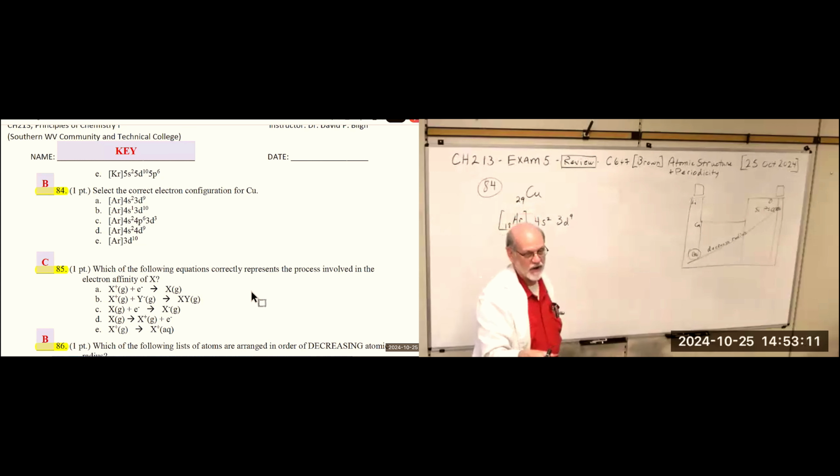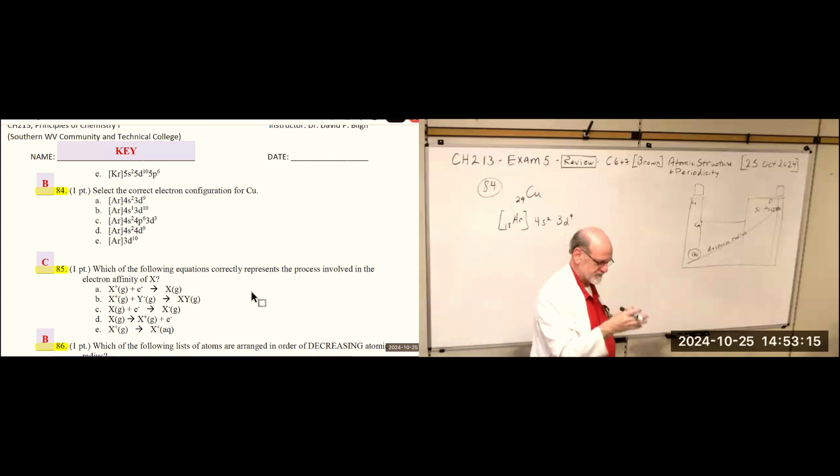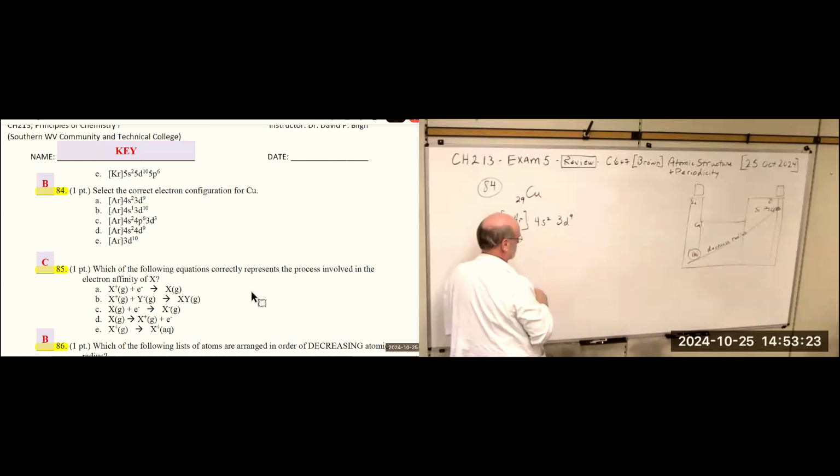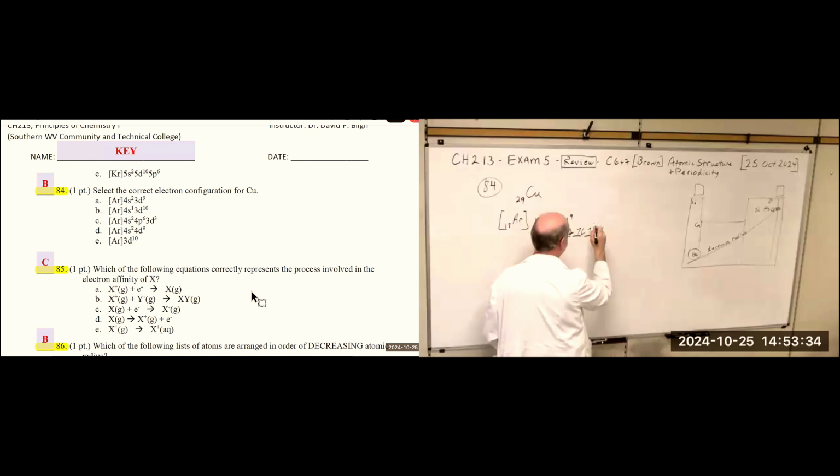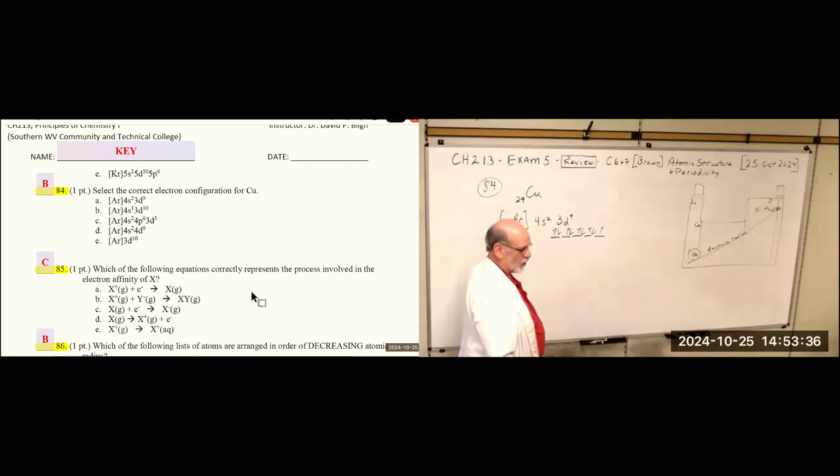Okay, here's the problem. I think I mentioned some time ago that there are some anomalies in the periodic table. And this is one of them. If we have 9 here, the lowest energy for copper is not this form.